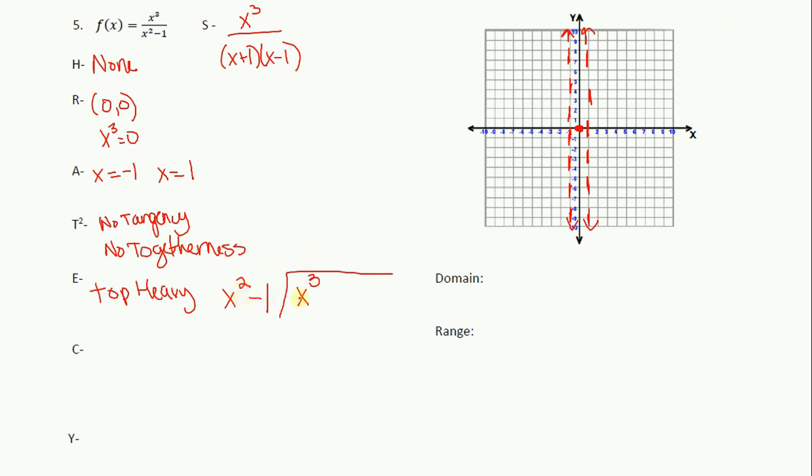Something times x squared needs to give me x cubed. Well, that's x, right? So x times x squared is x cubed. x times -1 is -x. Change my signs. I just get a remainder of x. Notice, guys, you can't multiply anything by x squared to get x. So your slant asymptote is located at y equals x. So I'm going to draw that in here.